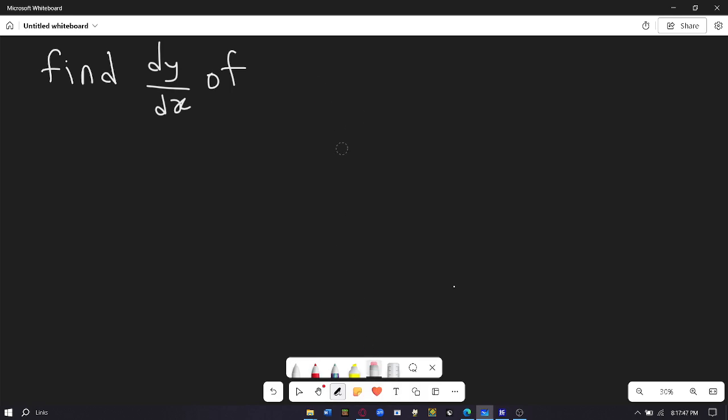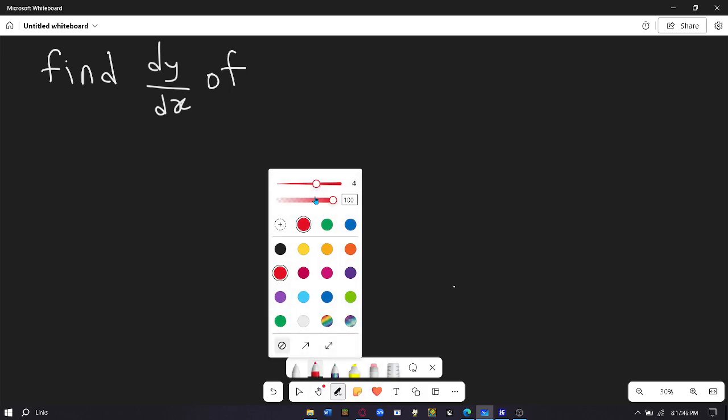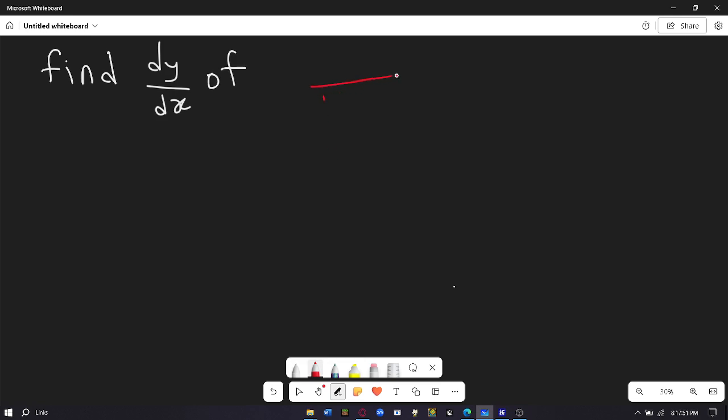Wait, this is the wrong thickness. Say something like root x, or actually no, I think it's a little too hard. I think we should do something much simpler, like 3 by x plus 4 by x squared.